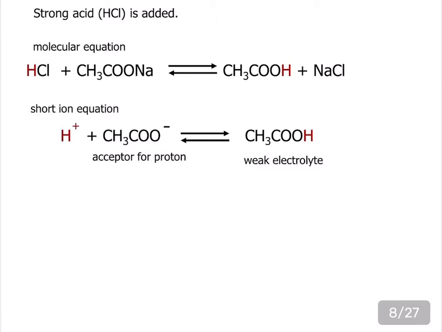The interaction between the acceptor from the buffer solution and the strong acid may be expressed by a molecular equation and a short ionic equation.